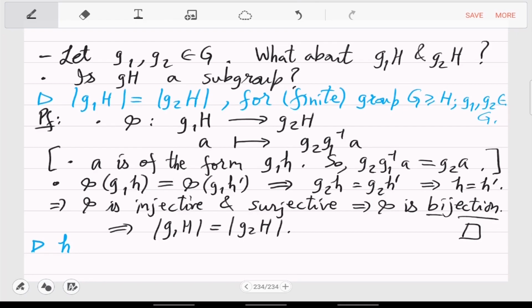The math hasn't changed. Okay, just some labels have been changed. So the place where we are at is for a subgroup H and for arbitrary elements G1, G2 in the group G, this G1H and G2H both are subsets. They may not be groups, they may not be subgroups, but their sizes are the same. There is a bijection.